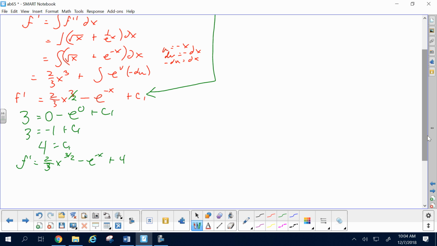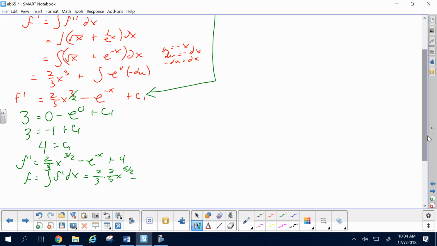f then is the antiderivative of that. What is the antiderivative of 2/3 x to the 3/2? 2/3, I'll just float that. What's the antiderivative of x to the 3/2? 2/5 x to the 5/2. Now this, we could use u-sub again, or we could just use our noodle and say, what happens when you anti-differentiate?